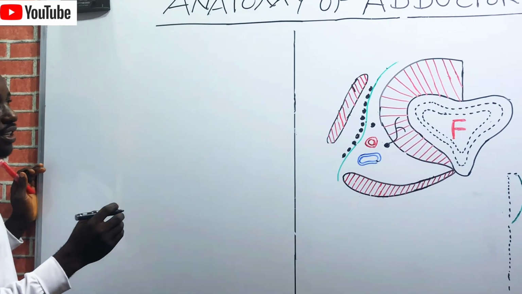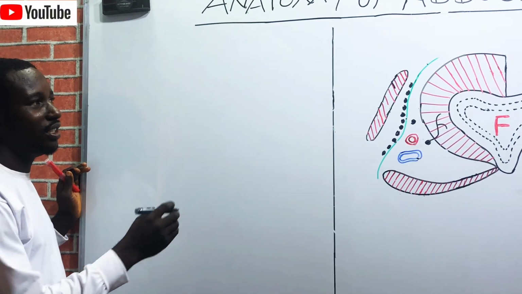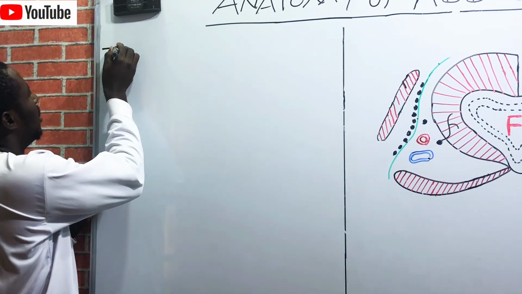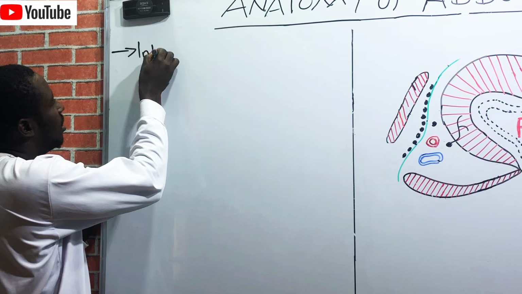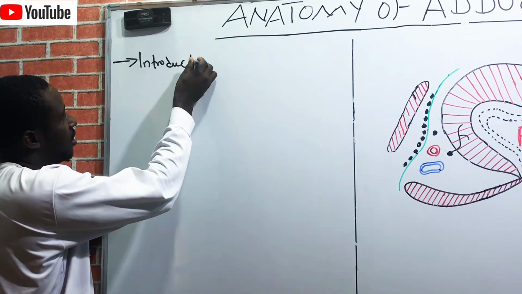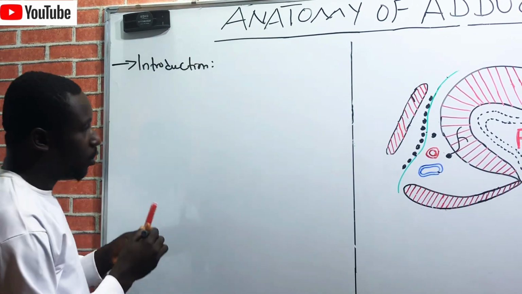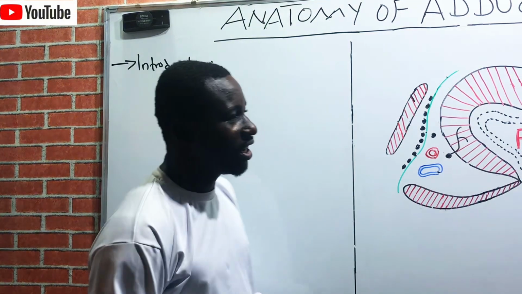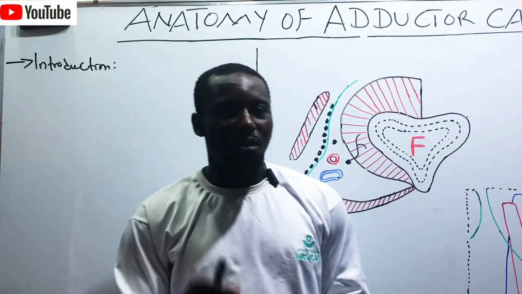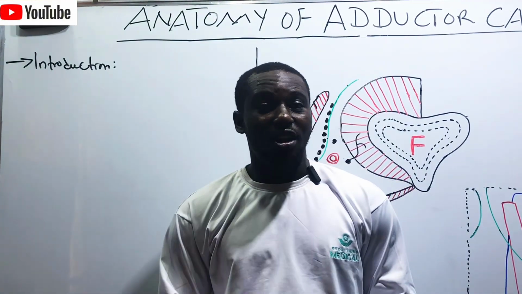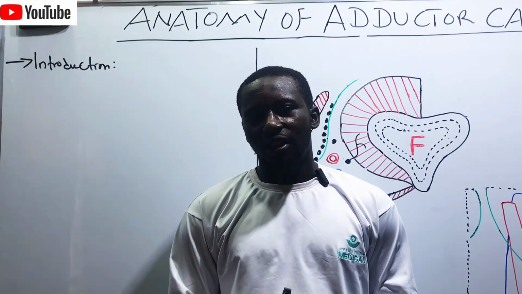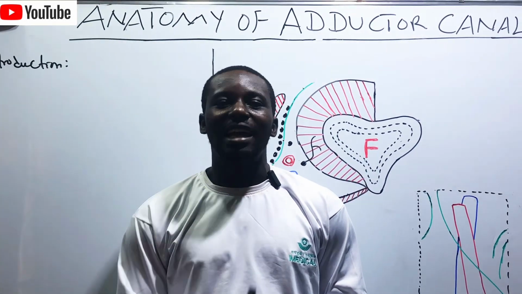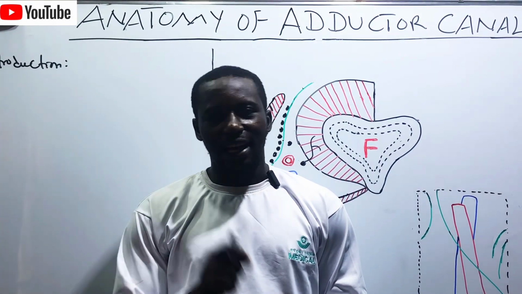First thing to note is the introduction of the adductor canal. What is the adductor canal? The adductor canal is an intermuscular tunnel or a fibromuscular tunnel that is situated on the medial side of the middle one third of the thigh.